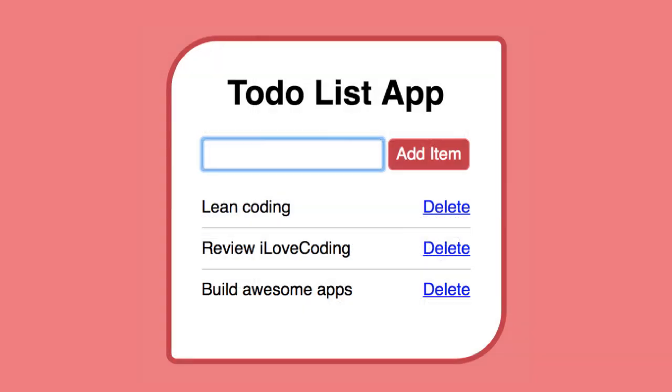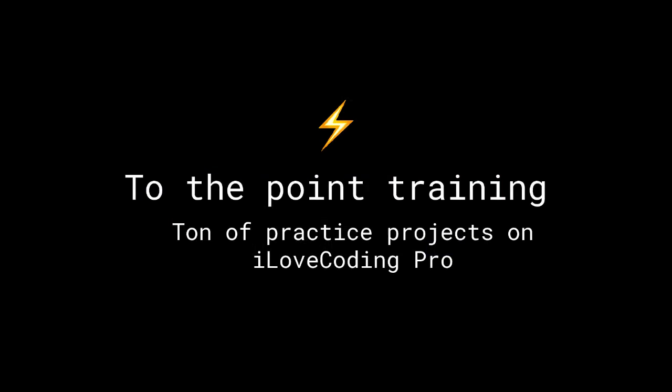Along the way, we will build a few apps like a to-do list app, a clock app, a tab feature so you understand things at its core and how to apply these concepts. Just so this course does not become overly long, you will find a lot of practice projects lessons outside of this course. So in the members area of I Love Coding. So you get a ton of practice on building things and applying your knowledge.